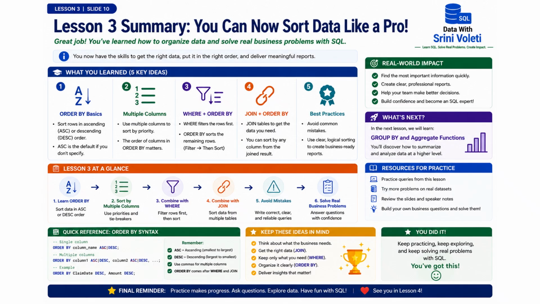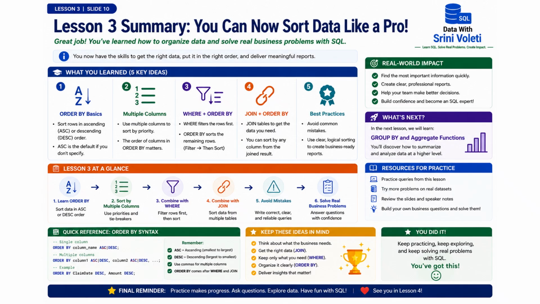You also learned how to combine join and order by to organize information from multiple tables, just as in real business environments. Finally, we looked at some common mistakes and how to avoid them, helping you write SQL that is accurate, reliable, and easy to understand.